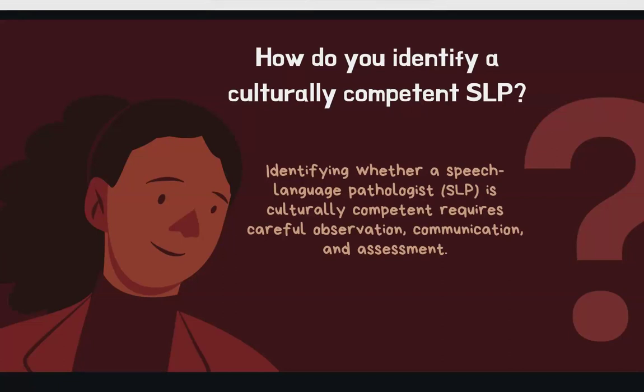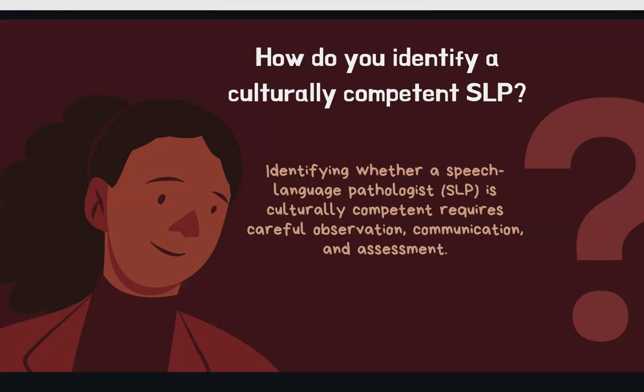Request examples of past cases or success stories involving clients from similar cultural backgrounds as yours. Assess the speech pathologist's communication style, openness, and willingness to learn about and respect cultural differences. You want to seek feedback from other families or professionals who have worked with that specific SLP.